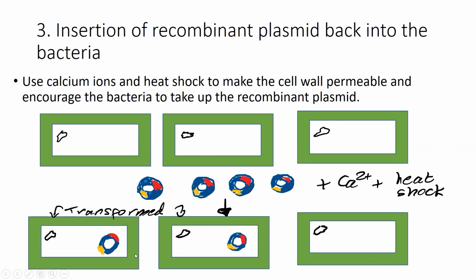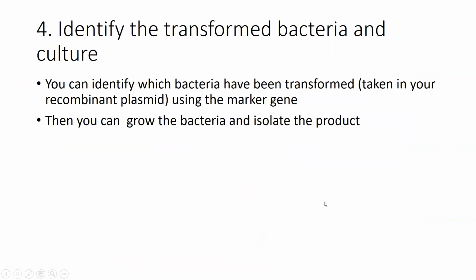We now know that the 2 in the middle and the left will fluoresce and the one on the right won't. Or if it's antibiotic resistance, the middle and the left will be resistant to an antibiotic and the one on the right will not. So we can identify which bacteria have been transformed using our marker gene. That's the sole purpose of the marker gene. And then we can grow the bacteria and isolate the product.